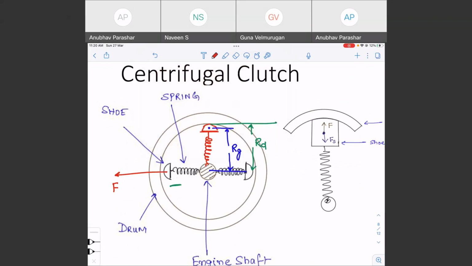So what will happen to the shoe? The shoe will start coming out. The spring is getting extended, so the spring will also apply some spring force.